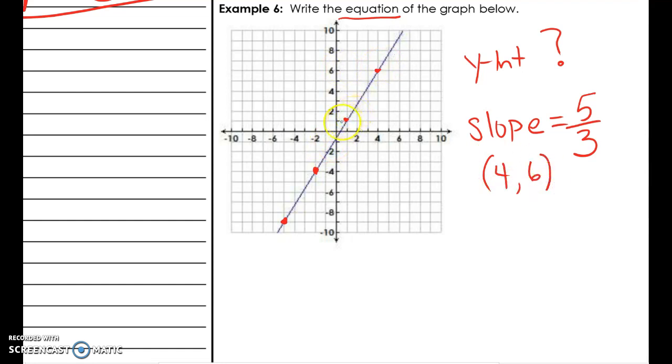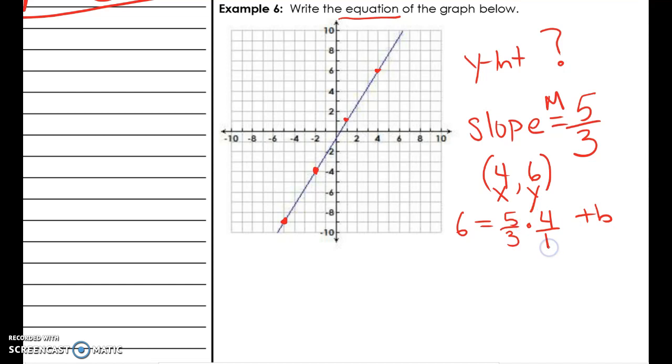You could have used 1, 1. You could have used -2, -4. You could use any point on the line, but I'm just going to use 4, 6. So 4 is an x, 6 is a y, and the slope is an m. So plug that into y equals mx plus b, and you get 6 equals 5/3 times 4 plus b.